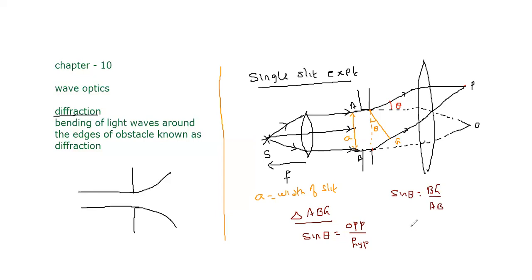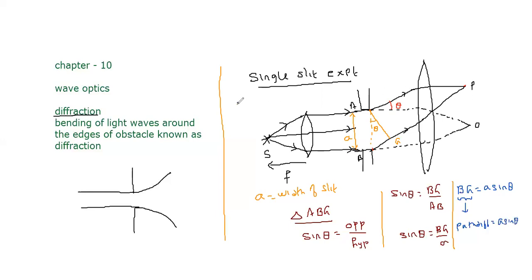So from the diagram, what is AB? It is small a. So sin theta is equal to BG by small a. Just by cross multiplication, BG is equal to small a sin theta. And here, what is BG? BG is the path difference. So path difference is equal to a sin theta.